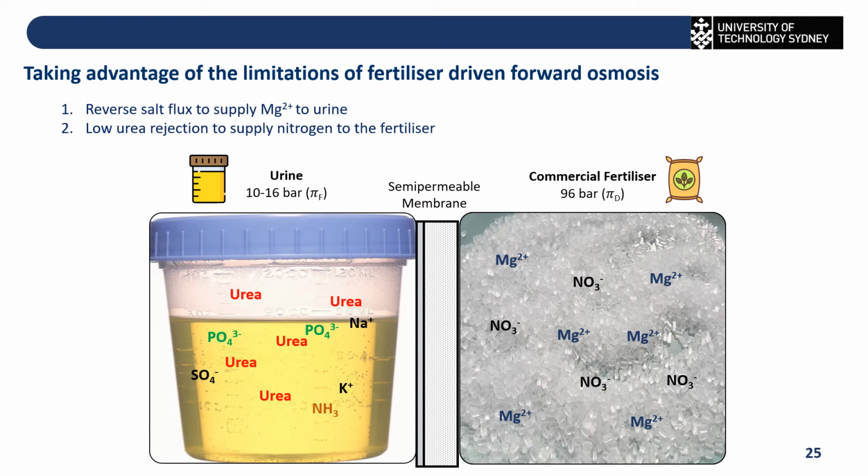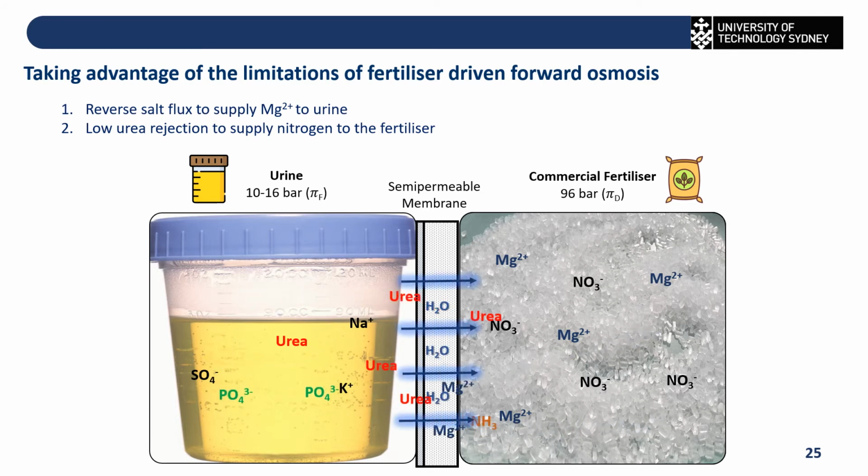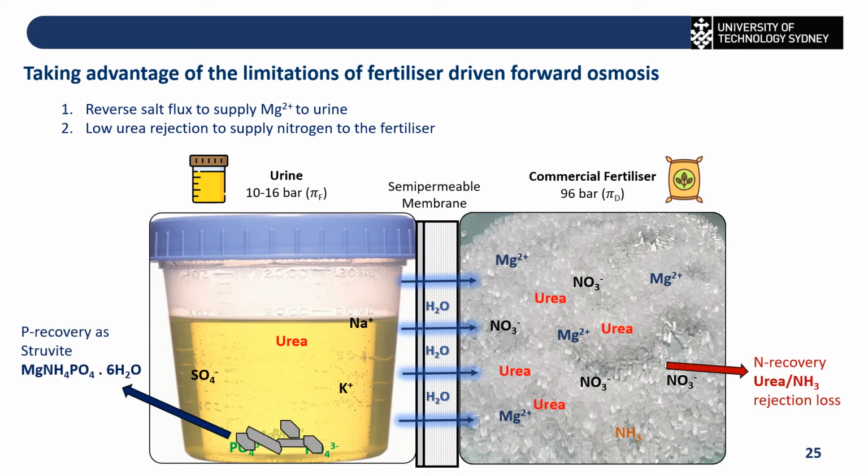And we look at the effect of different reverse salt flux when you apply magnesium fertilizer. So this is how the magnesium goes through the reverse salt flux and then produces the struvite concentration.